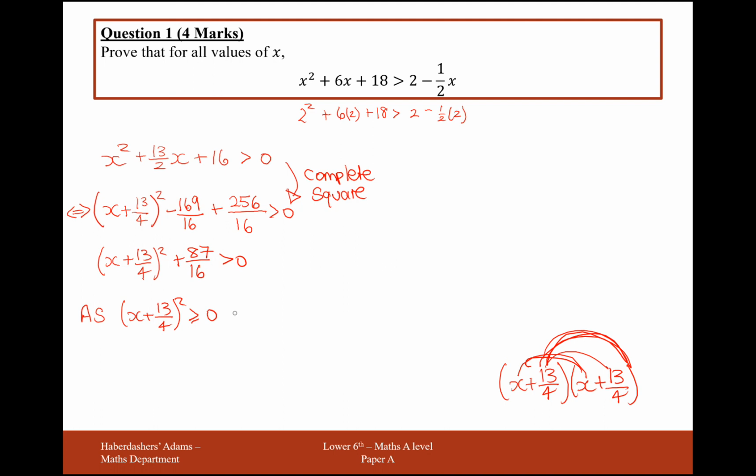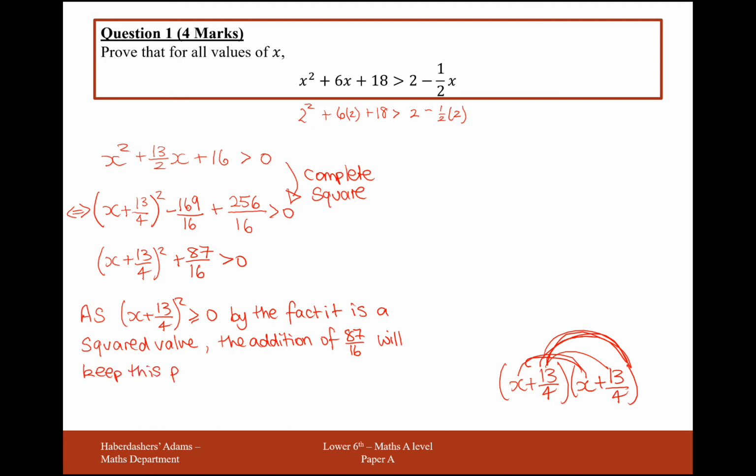As this expression is greater than or equal to 0 by the fact it is a squared value, the addition of 87 over 16 will keep this positive and non-zero.